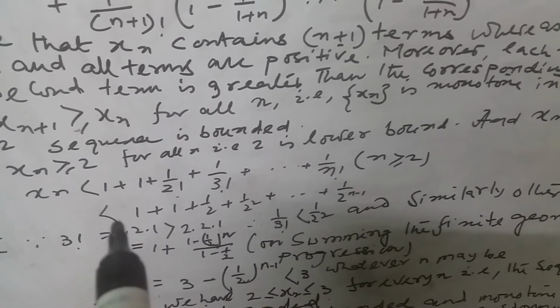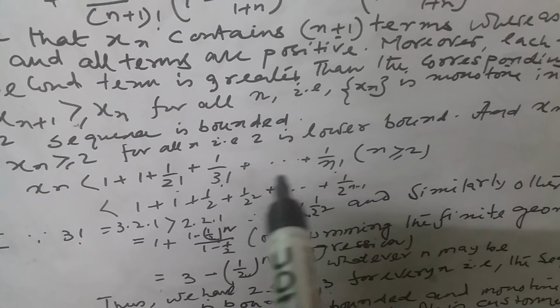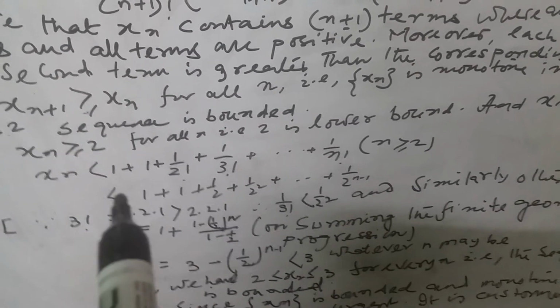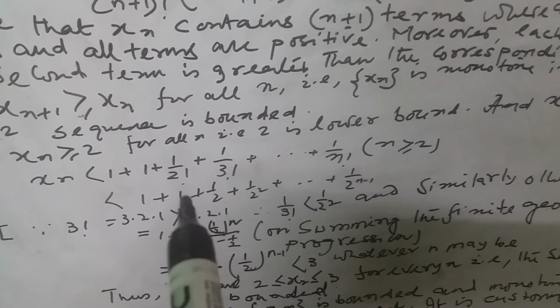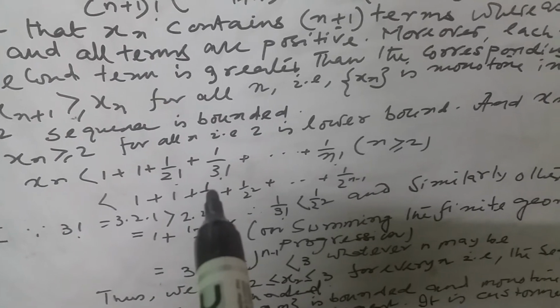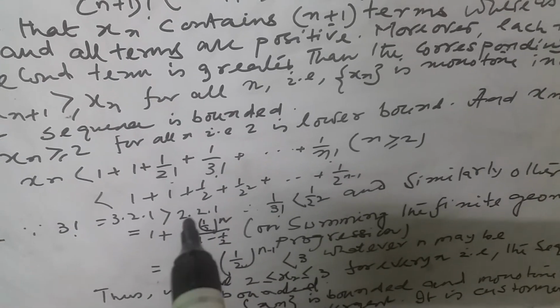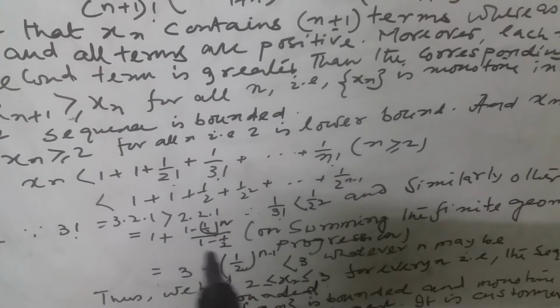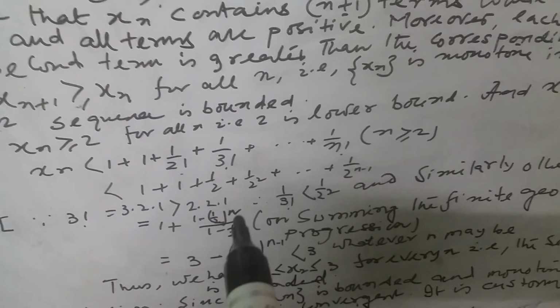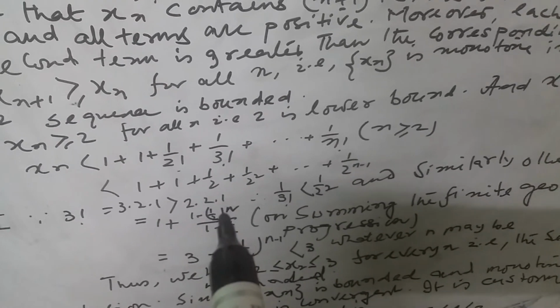So this sum is less than this, and this is the sum of a geometric progression. The first term is 1 and the common ratio is half. So you put the formula for the summation of a geometric series, 1 minus r to the power n by 1 minus r, where r is equal to 1 by 2.